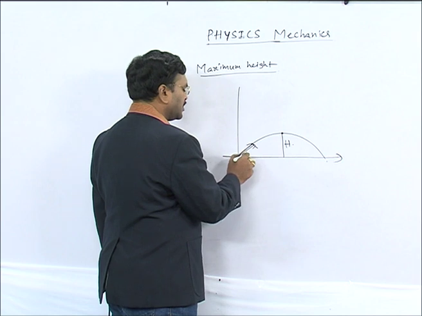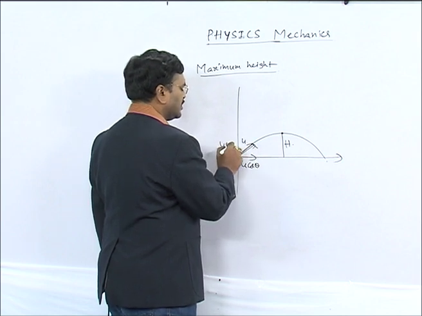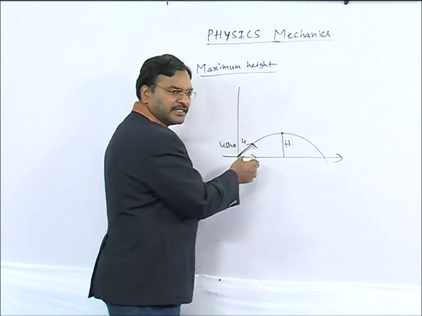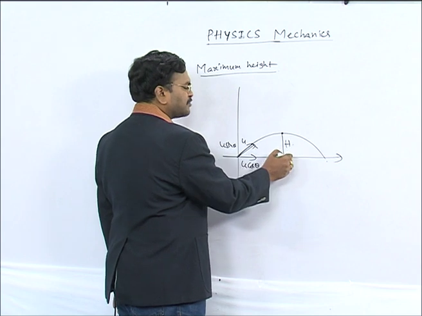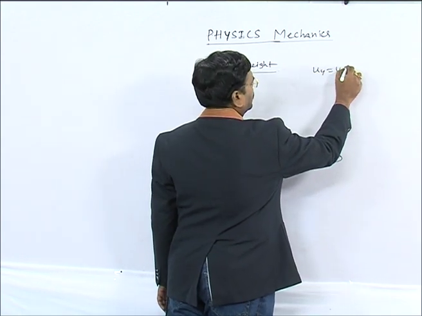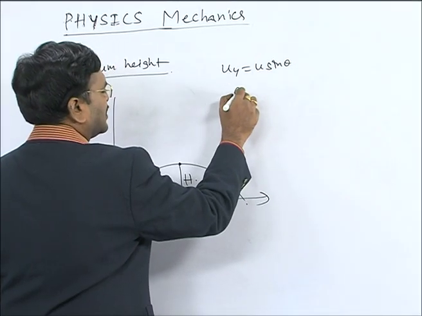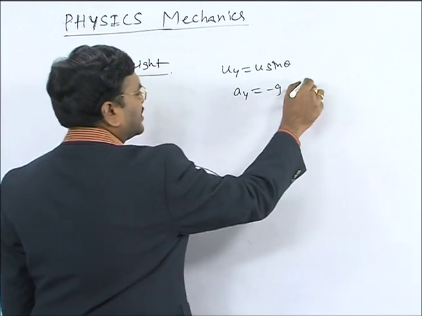Here we already know that u cos theta and u sin theta are the initial velocities in horizontal and vertical direction. Now what is maximum height of a projectile here? Along vertical direction, what is initial velocity? U sin theta. Acceleration how much? Ay is minus g.